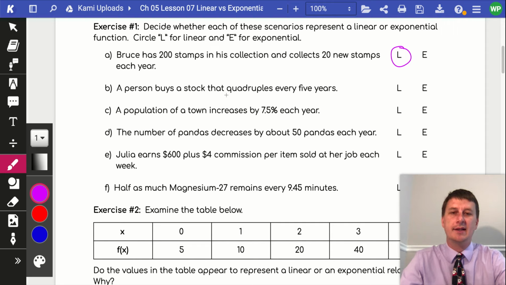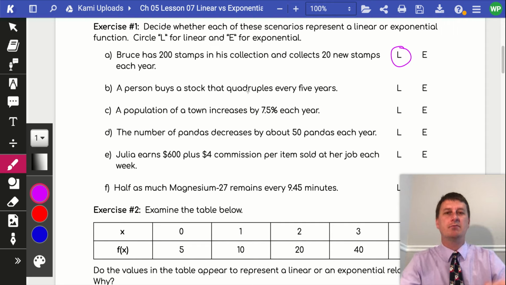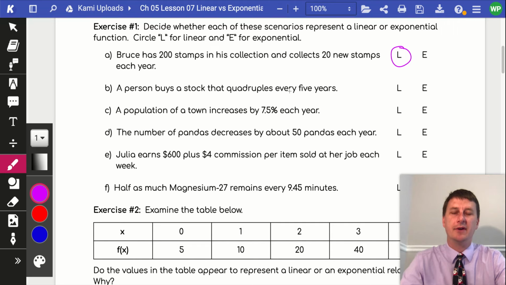So a person's buying a stock and it's quadrupling, which means it's multiplying by 4 every year. Multiply by 4, multiply by 4, multiply by 4. And now we've seen exponential functions enough to know that if we're constantly multiplying by the same number over and over, that is indeed an exponential function.